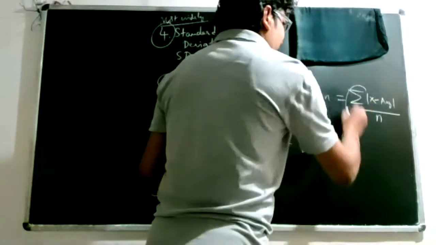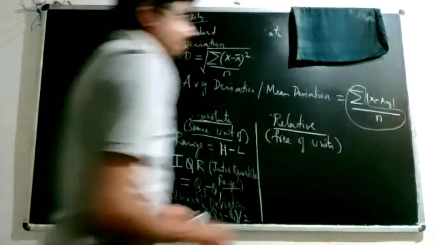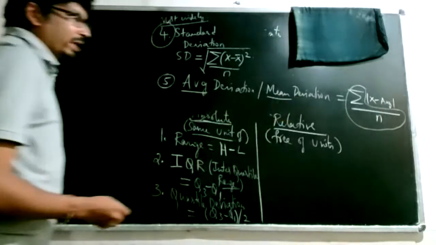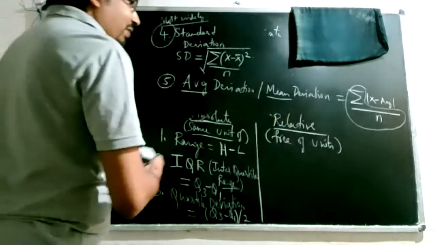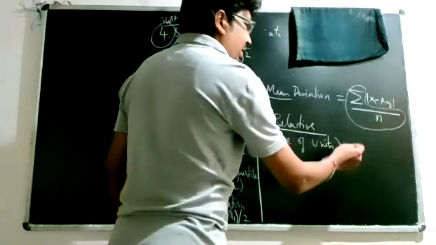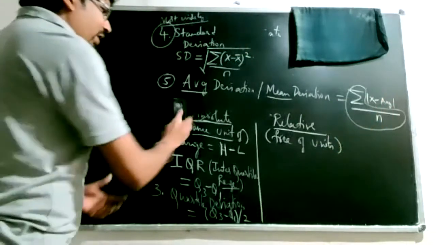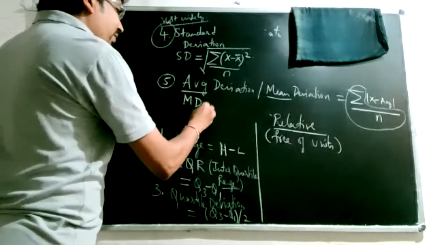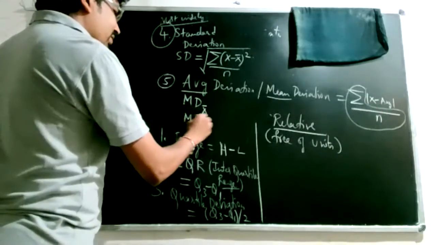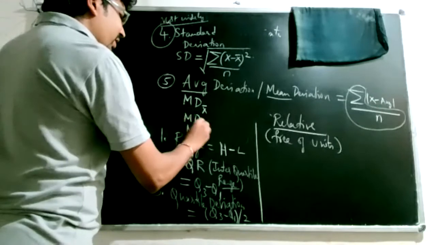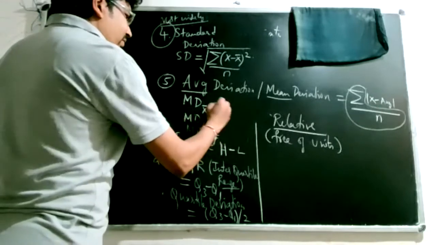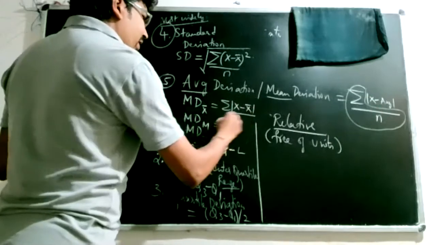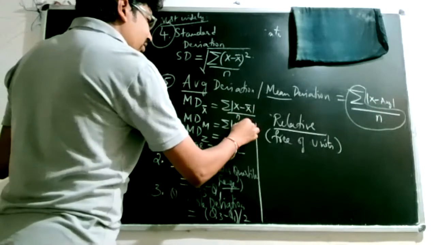Now, since we are talking about the sum of something as well as the average of that, this is called average or mean deviation. And as said, you could use your mean or median or mode, and you could come up with three such measures: mean deviation from mean, mean deviation from median, and mean deviation from mode. We'll not look into the deviations from geometric mean and harmonic mean, so need not worry.